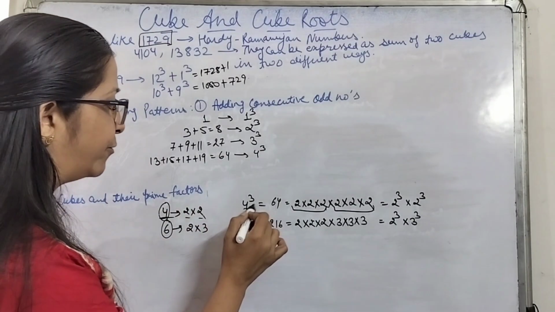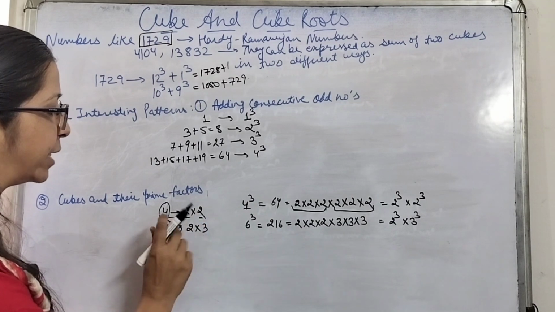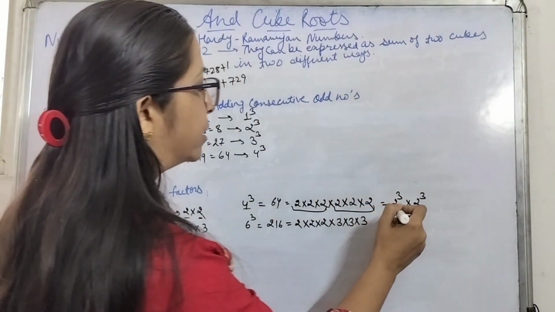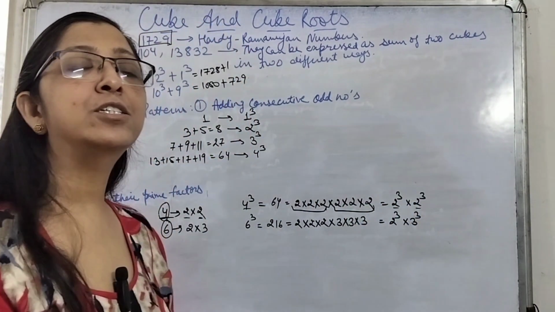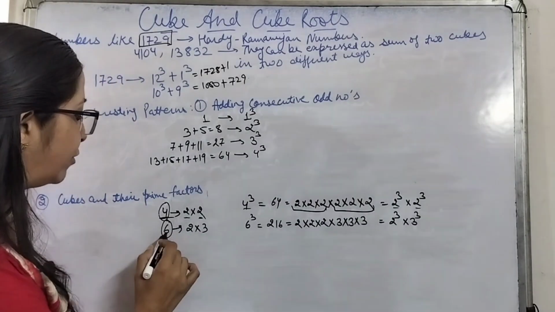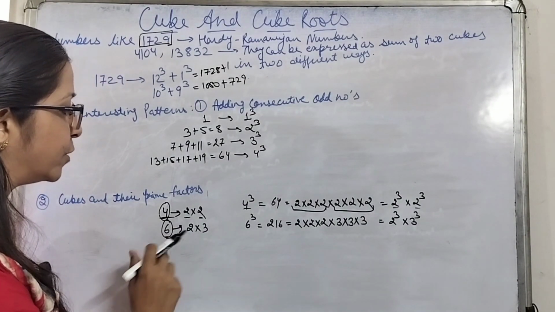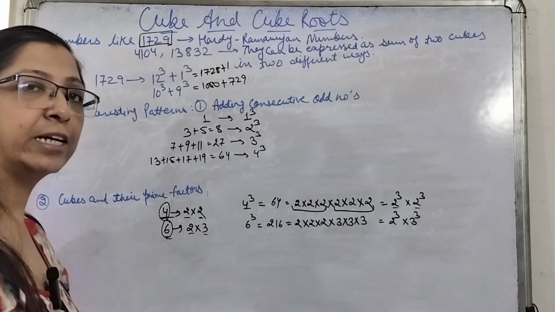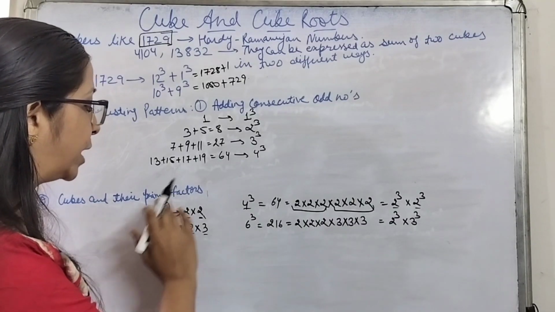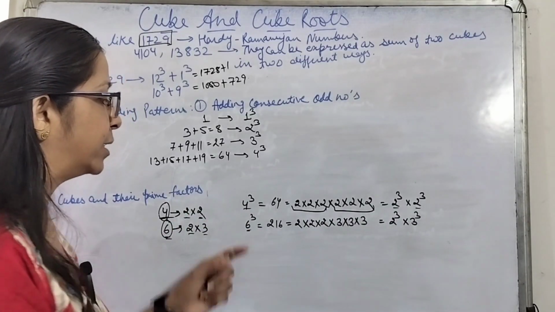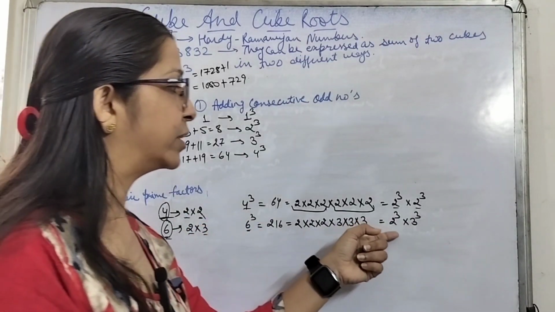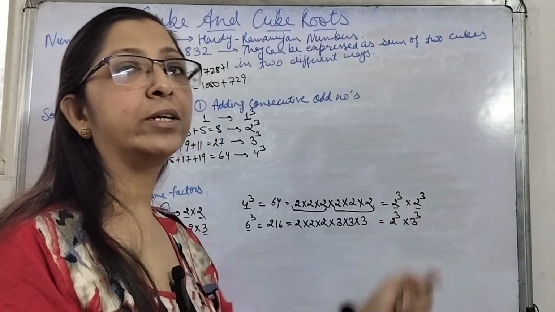In the cube of 4 also we have the same factors, 2 and 2, and they will be the cube of these two factors. Similarly, the factors of 6 are 2 and 3, and in the cube of 6 we have the same factors with the power 3.